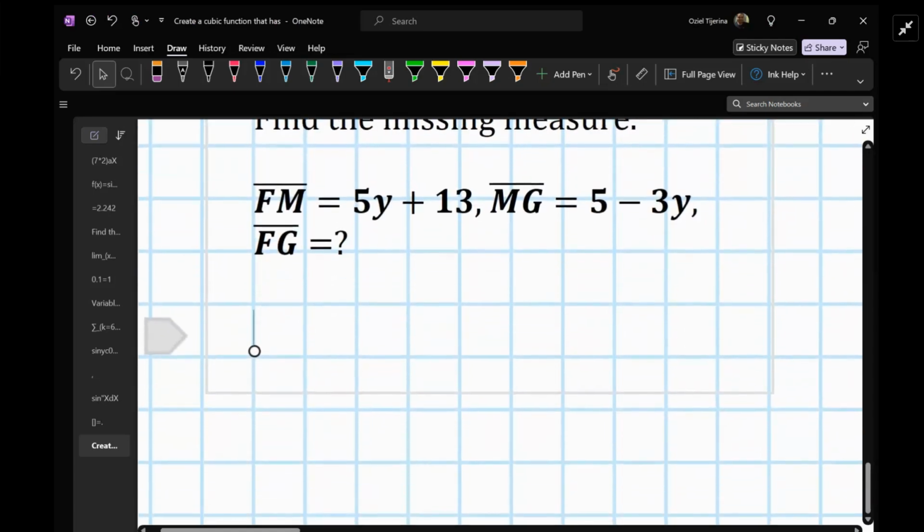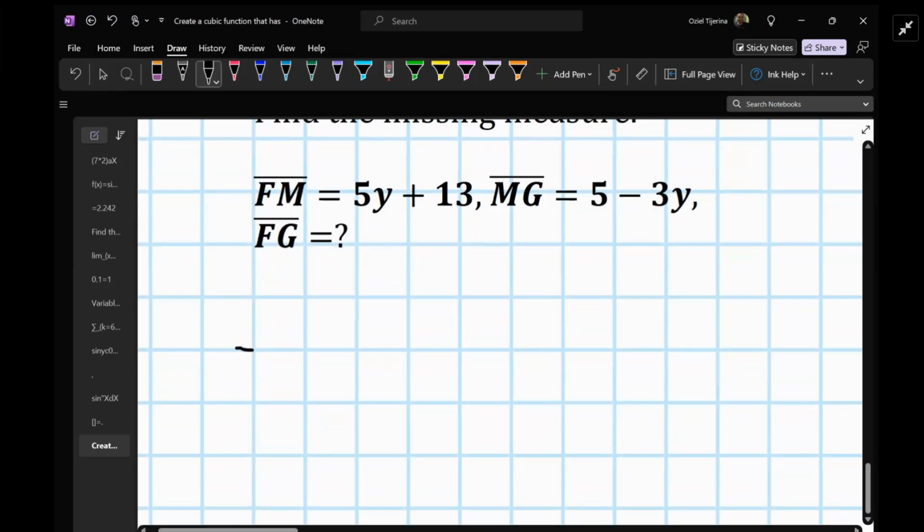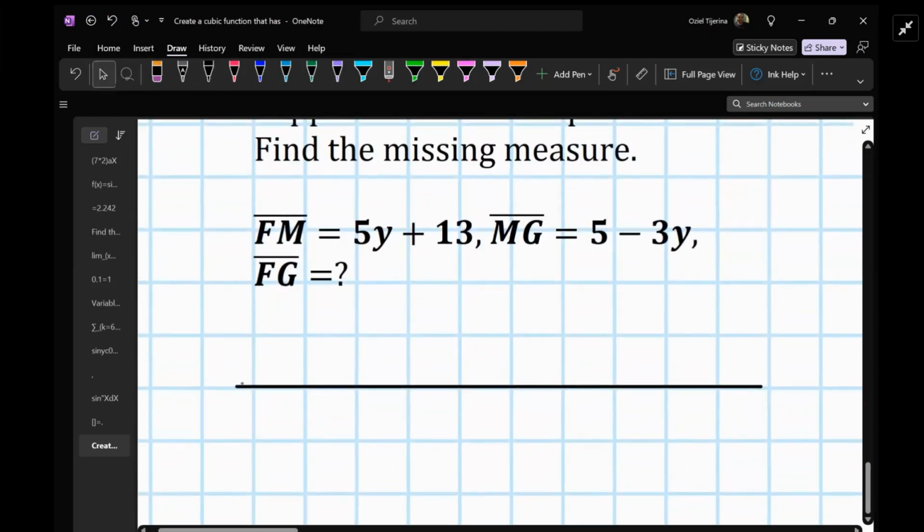So if we draw a line segment, let's say that this is F, and it's not going to be drawn to scale, by the way.